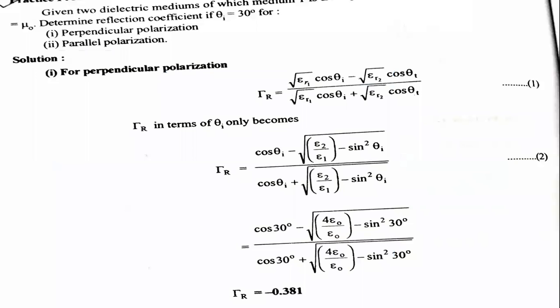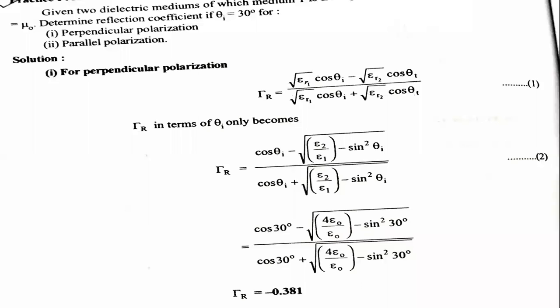Determine the mu r, epsilon 0 is equal to mu 0. Determine the reflection coefficient if theta I is equal to 30 degrees. Number one, perpendicular polarization. Number two, parallel polarization. It means that on the given parameters, that is theta I, theta t, etc., you need to find the reflection coefficient. You need to calculate the reflection coefficient in the perpendicular polarization as well as the parallel polarization.